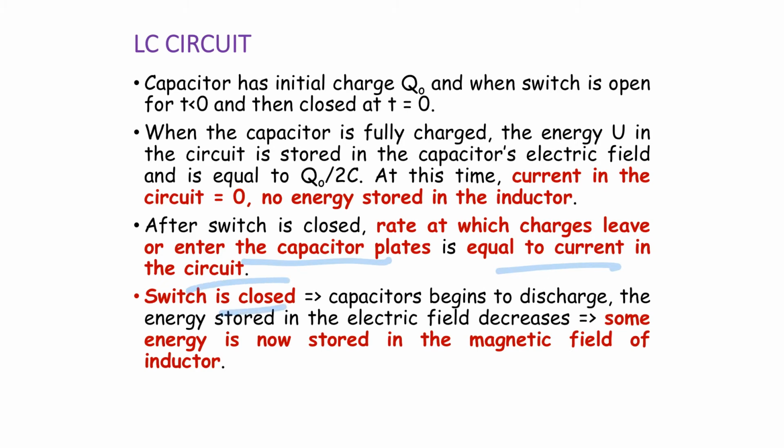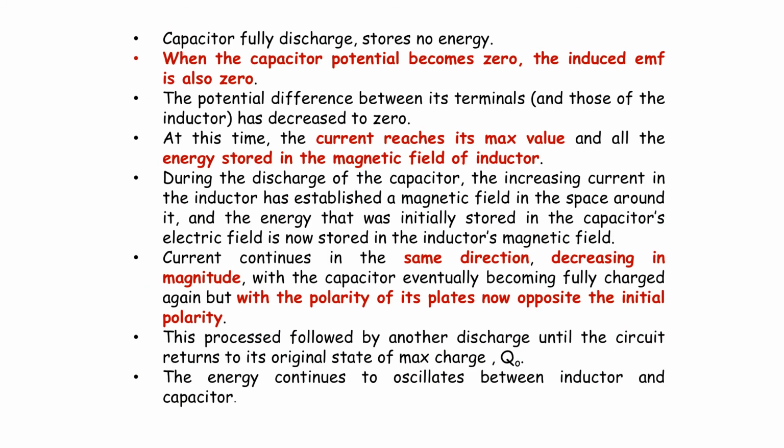Once the switch is closed, the capacitor begins to discharge, and the energy stored in the electric field definitely decreases, which means that the energy is now stored in the magnetic field of the inductor. Once the capacitor is fully discharged, there will be no energy anymore. At that particular time, the energy is going to be stored inside the magnetic field of the inductor.